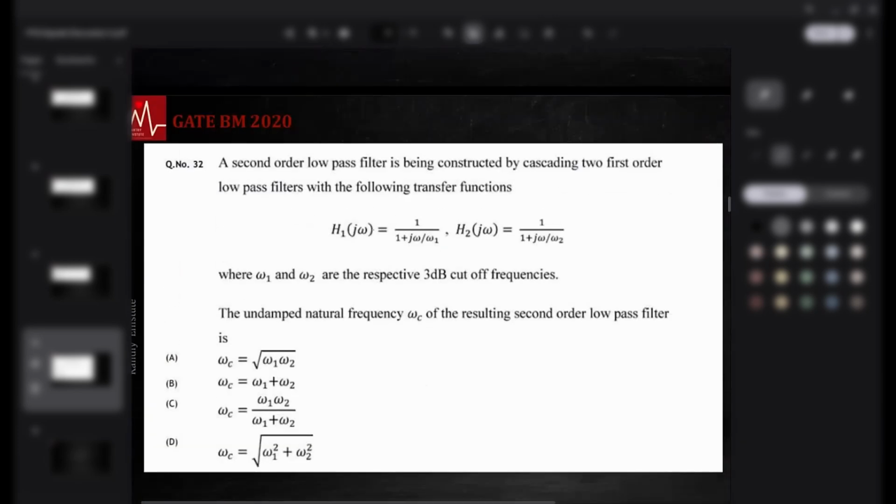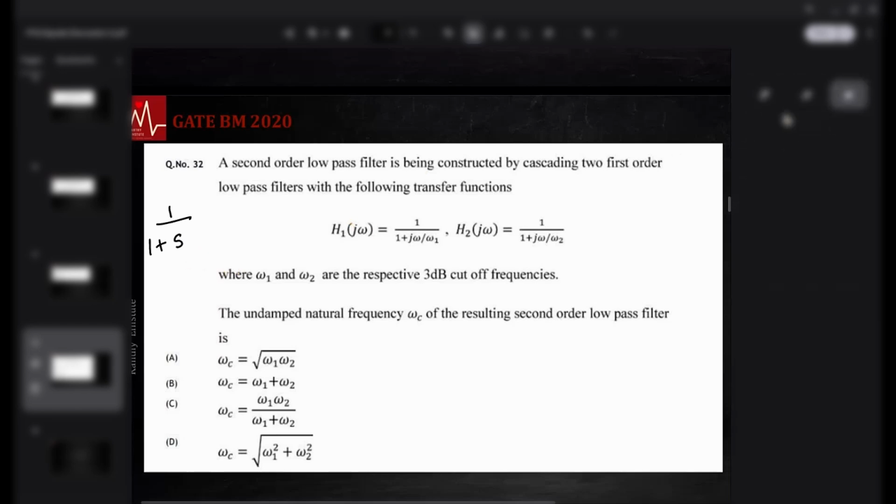But notice the transfer function, essentially this is coming from Laplace transform. Okay. I'll tell you something at this stage. The transfer function is of the form 1 by 1 plus s by the cutoff, s by the magic frequency. 1 by the magic frequency is a time constant.